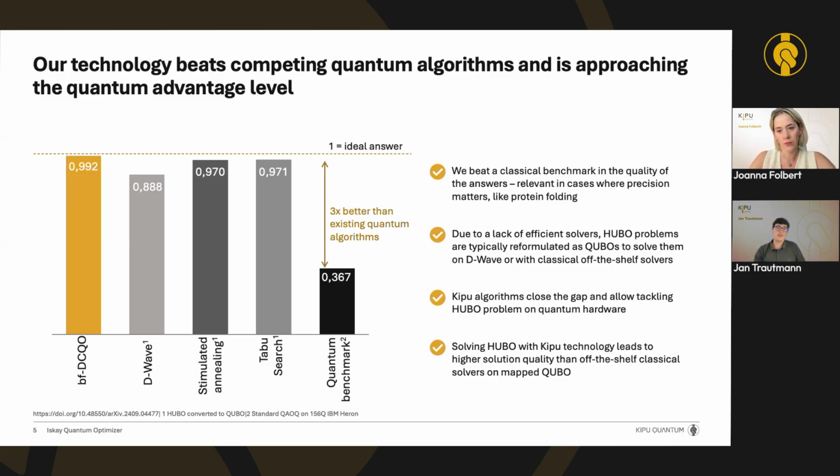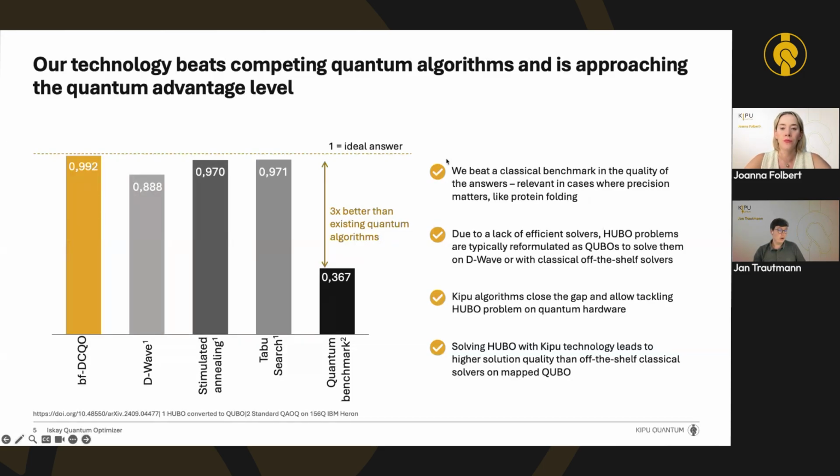So they are non-native to what classical systems can do, and also not native to what D-Wave is doing. Therefore, we think these problems are highly relevant and are the first cases where there's a high potential of approaching the quantum advantage level or even outperforming classical solvers, as we have shown here for a narrow application.